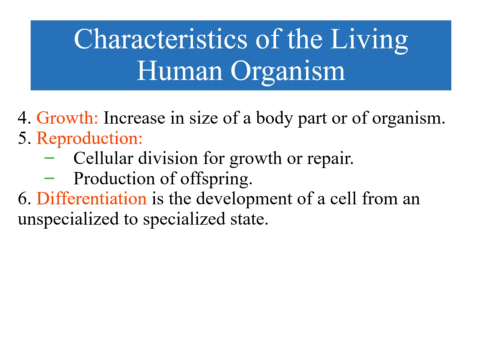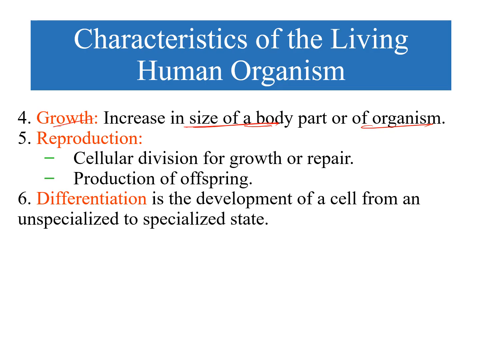Then the other life process, the fourth one, is growth. Growth simply means an increase in the size of a body part of an organism, or the increase in the organism itself. So do not confuse growth with differentiation. Growth is an increase in body size, and I'm going to explain what differentiation is later on.